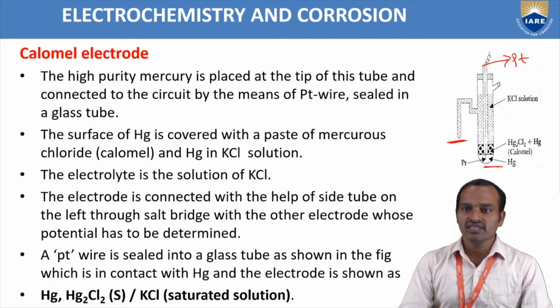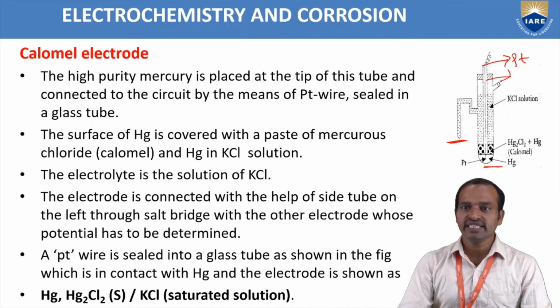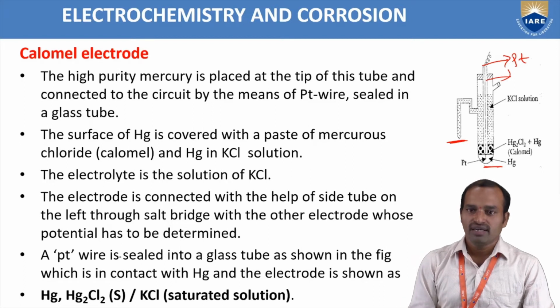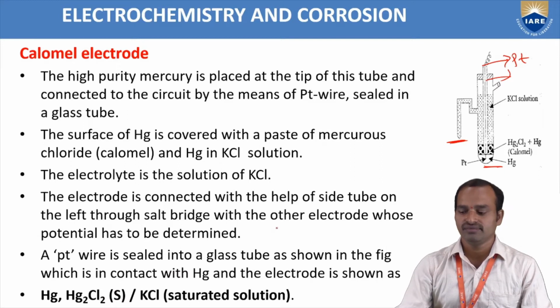A platinum wire is sealed into a glass tube as shown in the figure, in contact with the mercury, and the electrode is shown as mercury and mercurous chloride in saturated KCl solution.